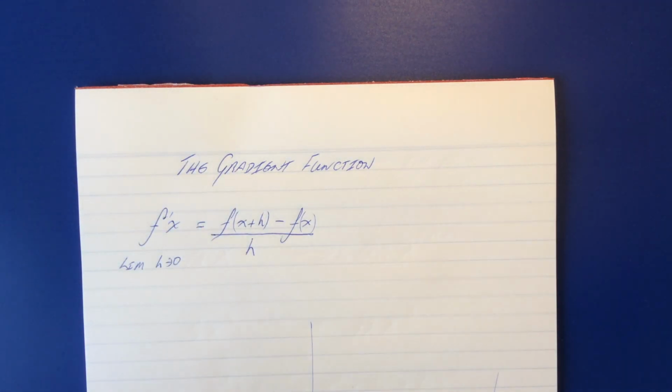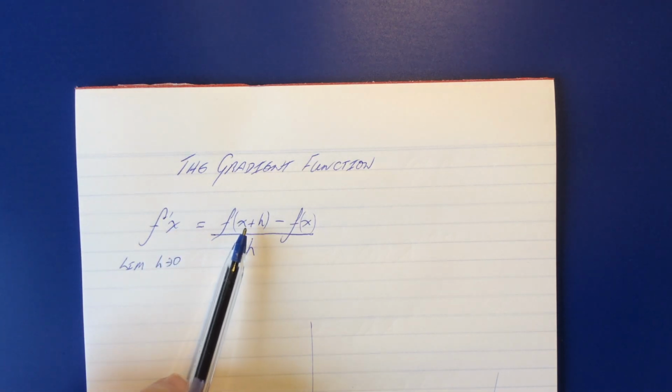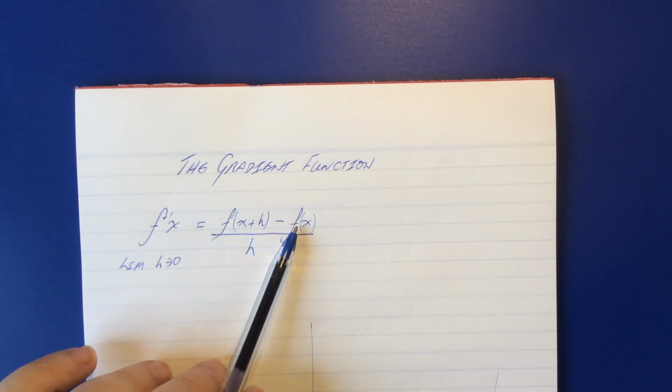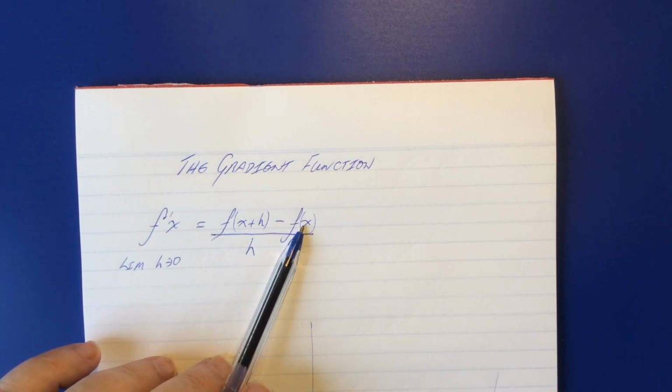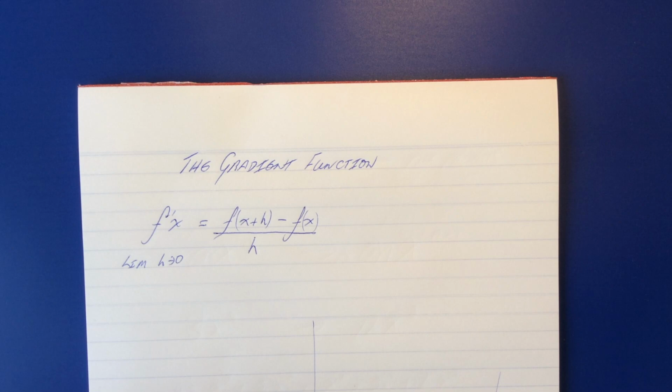And it says that the differential of x is equal to the function of x plus h minus the function of x over h as h tends to 0. Well, that's going to take a tiny bit of explaining. So let's get to a diagram.